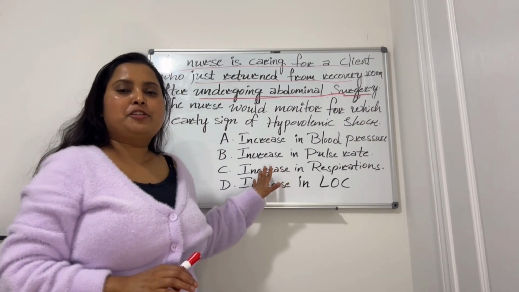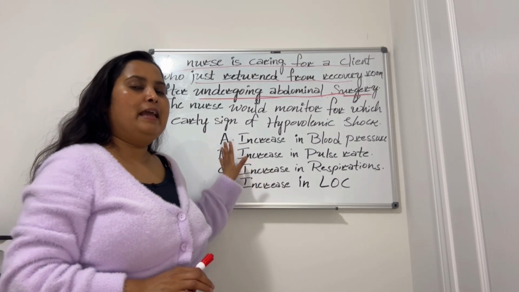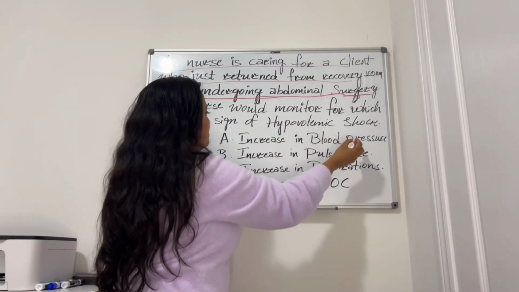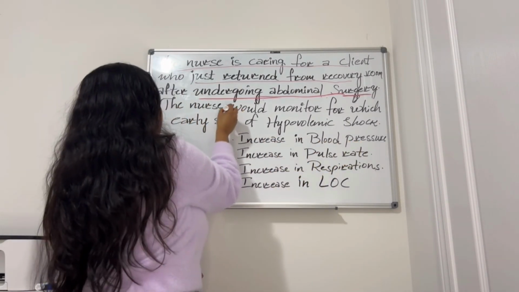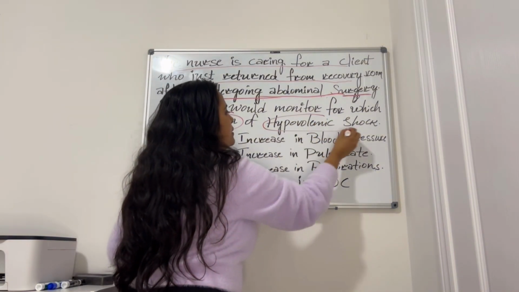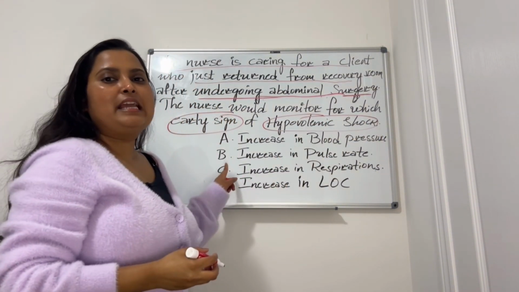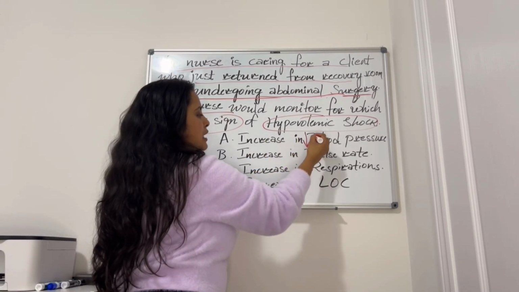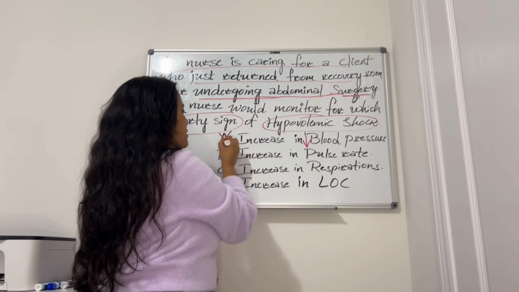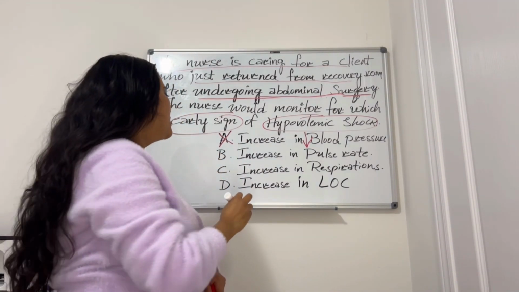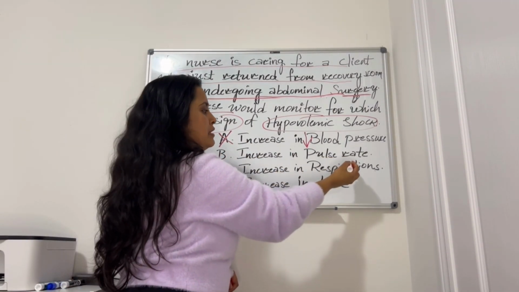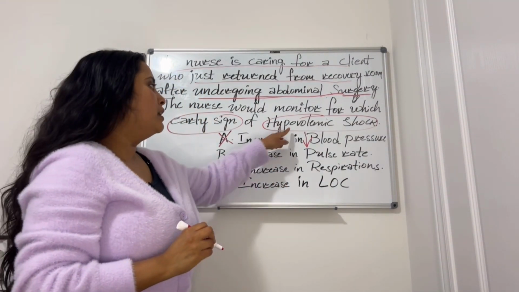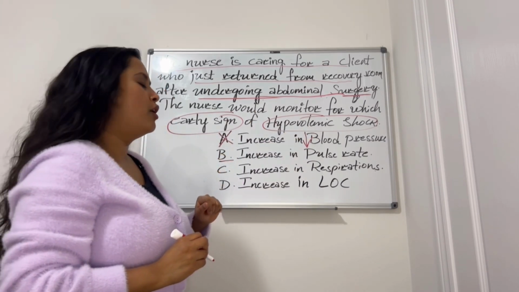Let's answer this question by first eliminating the options. Option A, increase in blood pressure. For the early sign of hypovolemic shock, we don't see an increase in blood pressure; rather, we see a decrease in blood pressure. So this option is eliminated. Option B, increase in pulse rate. Yes, we do see an increase in pulse rate in the early sign of hypovolemic shock.